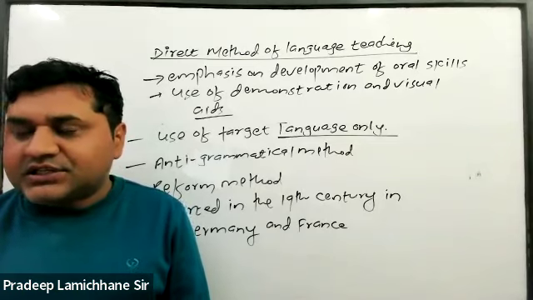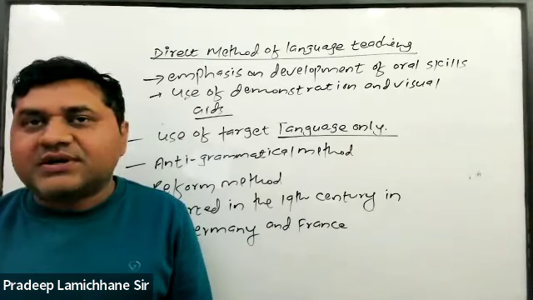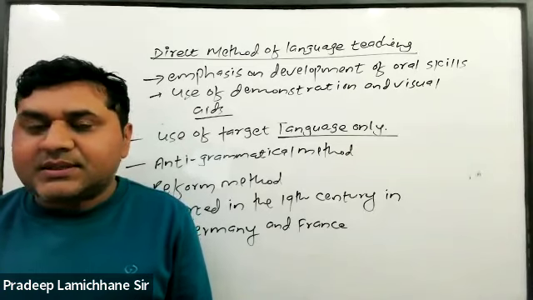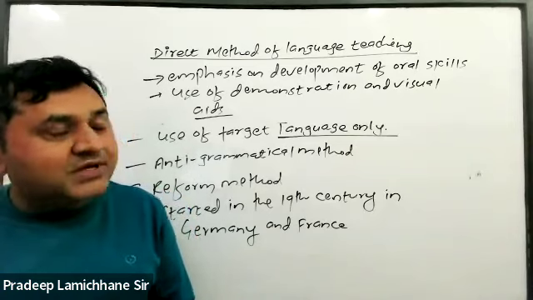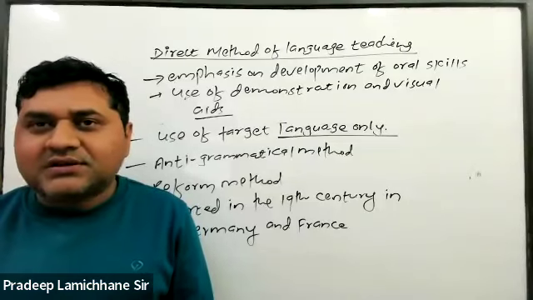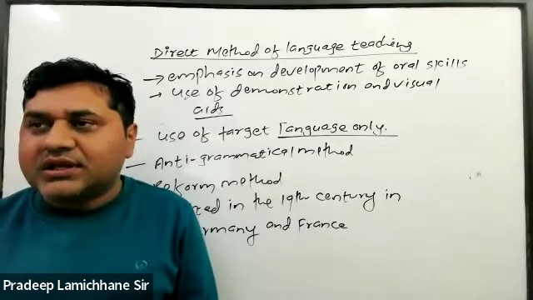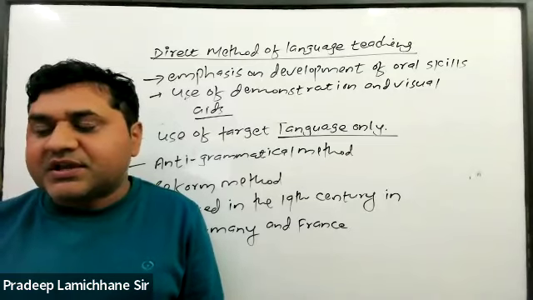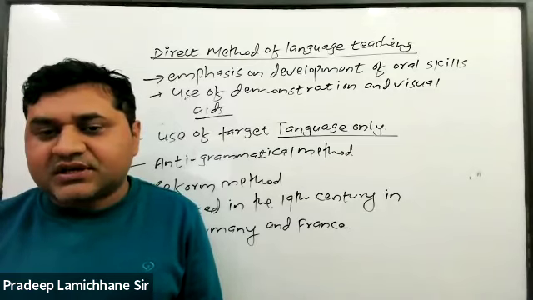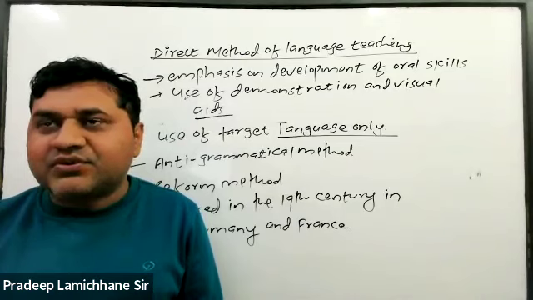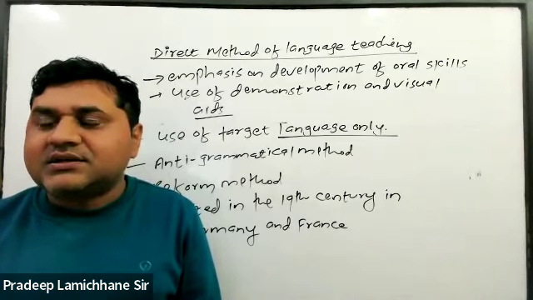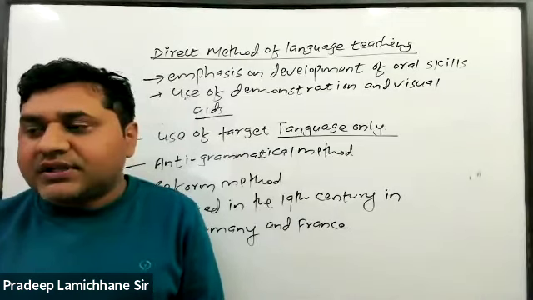At the same time, students are to conduct different kinds of speaking activities in the classroom. And this method argues that language learning is related to learning speaking. It gives priority to speaking. If you become capable to read and write, that is not the major concern of learning language.